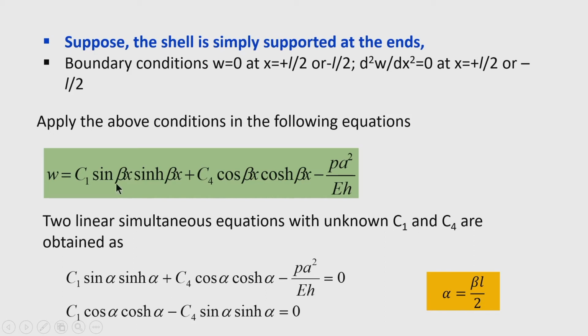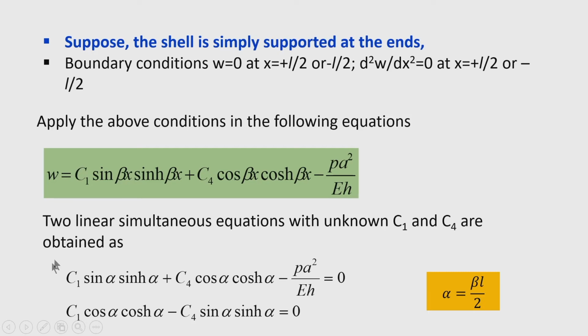So, when I substitute x is equal to L by 2, this term becomes C 1 sin beta L by 2 into sin hyperbolic beta L by 2 plus C 4 cos beta L by 2 into cos hyperbolic beta L by 2 minus p square by E h. This is the result of this substitution of x is equal to L by 2 and assuming alpha equal to beta L by 2.